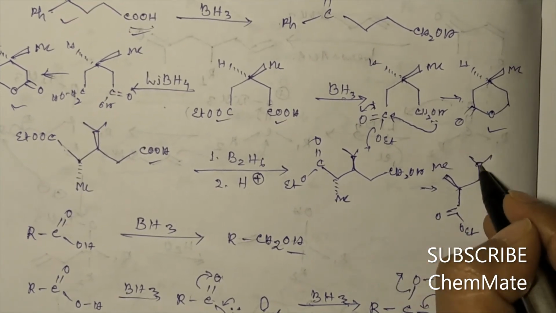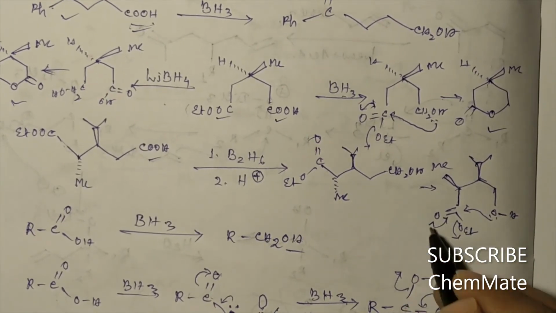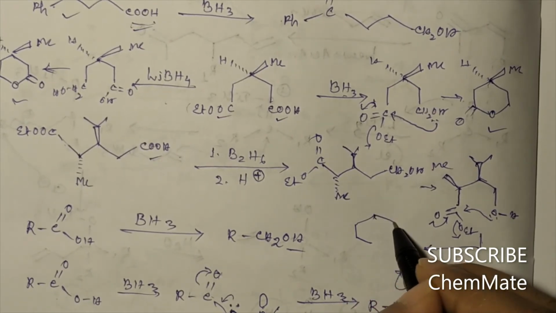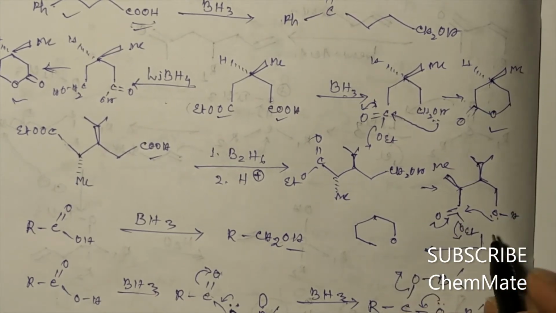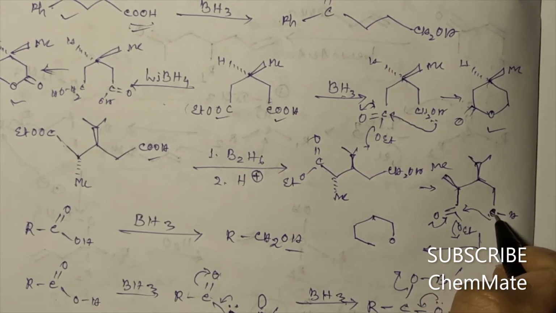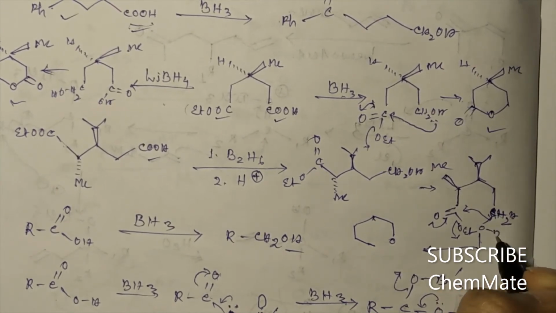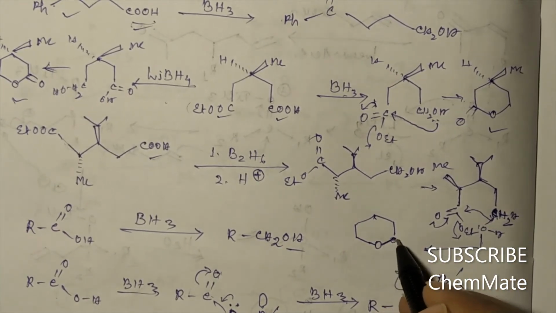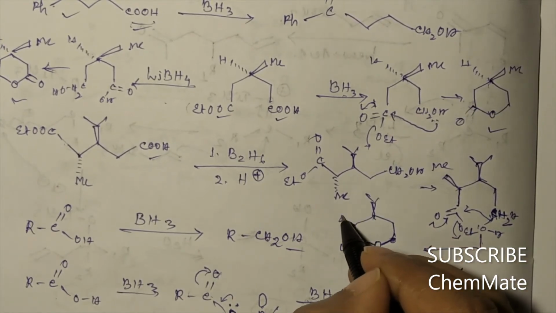Now cyclization will take place. So a 6-member lactone will be formed. Sorry, this will be CH2, here OH will be there, so it will attack. So the product will be this.